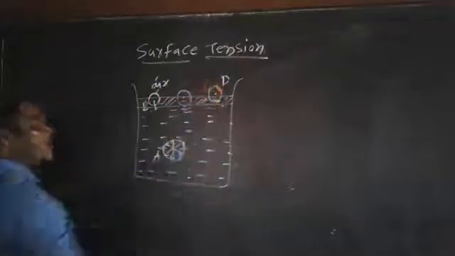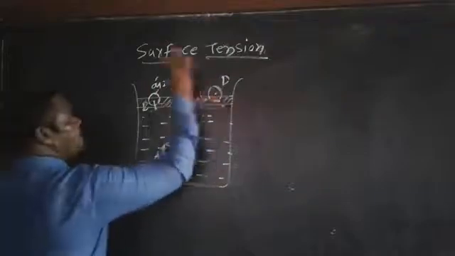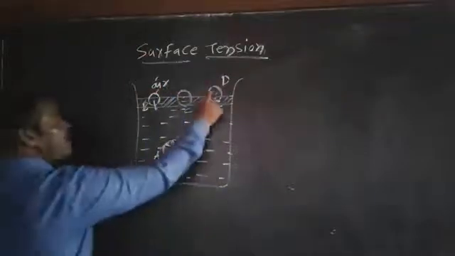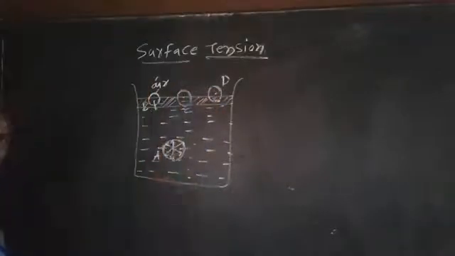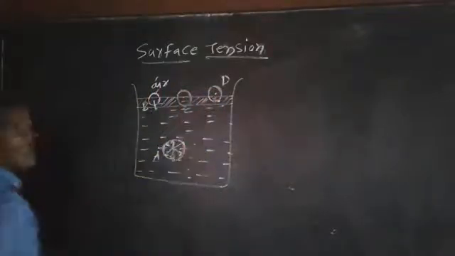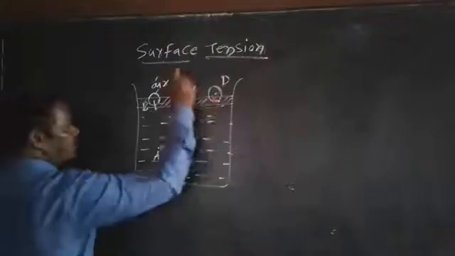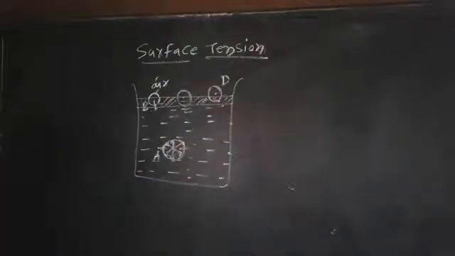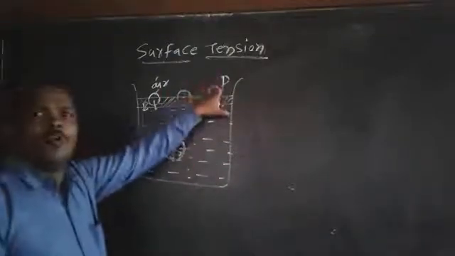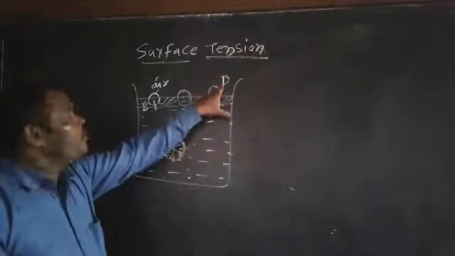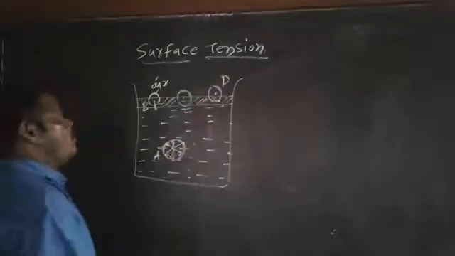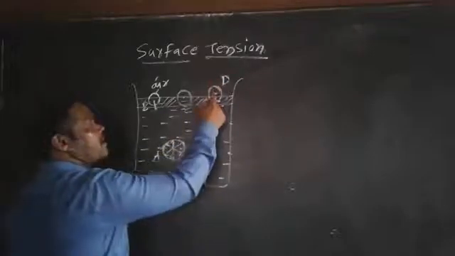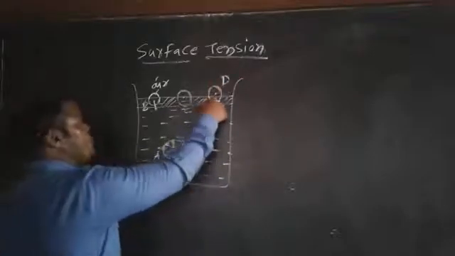Consider the molecule D. Outside the liquid surface, its maximum sphere of influence is inside the air and the minimum sphere of influence is inside the liquid. So for molecule D also, the resultant force is small because the adhesive force is greater than the cohesive force.